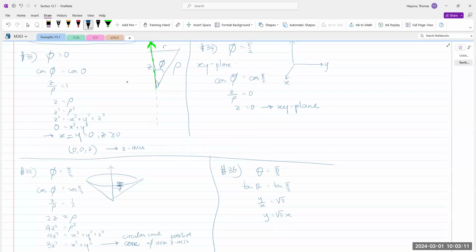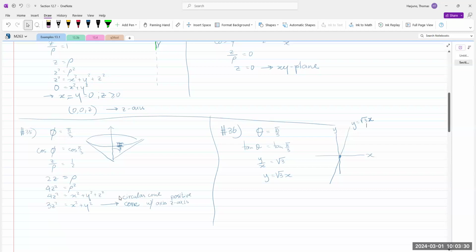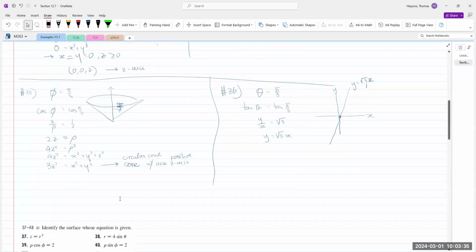Now in two dimensions, this is x, this is y. It is actually a line with slope radical 3 through the origin, right? But in 3 dimensions, it's missing a z, therefore it becomes, quote-unquote, a cylinder parallel to the z-axis, right? So if I try to draw it, it will look like this.